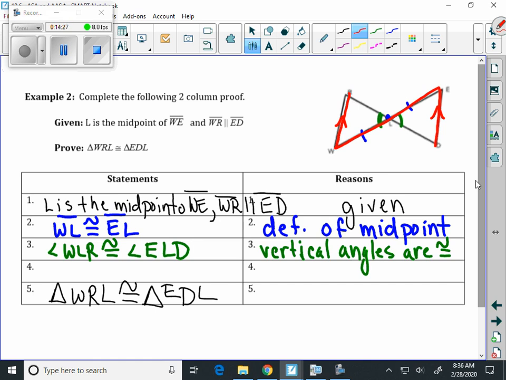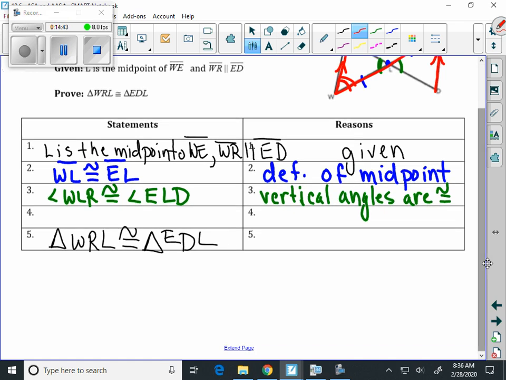But however you draw it in is going to determine, I said this angle here is congruent to this angle here, but it's based on parallel lines. And what we know about parallel lines is that alternate interior angles are congruent.